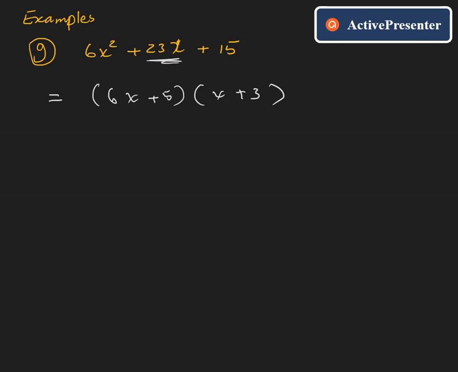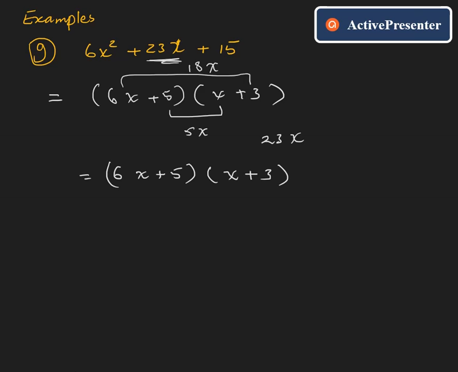So 6x multiplied in 3 is 18x, and here 5 multiplied in x is 5x. If you add them together, you will get 23x. So your factoring, which is 6x plus 5 multiplied in x plus 3, is the correct factoring.